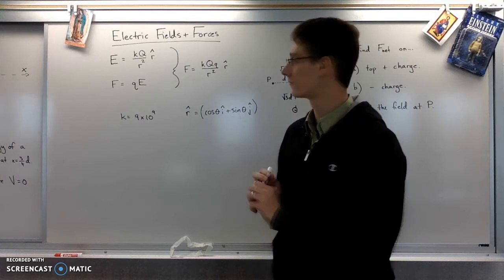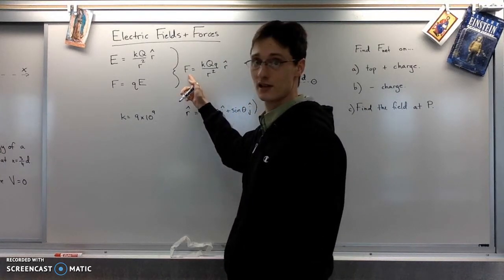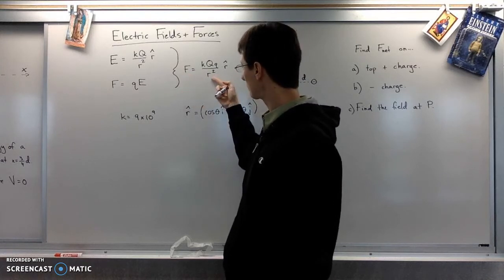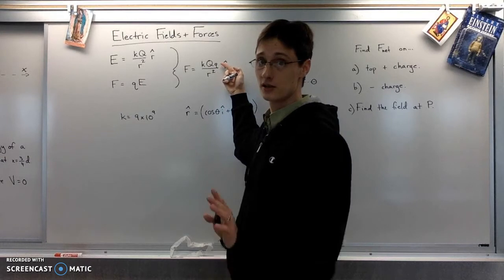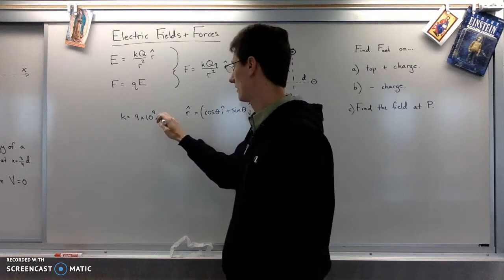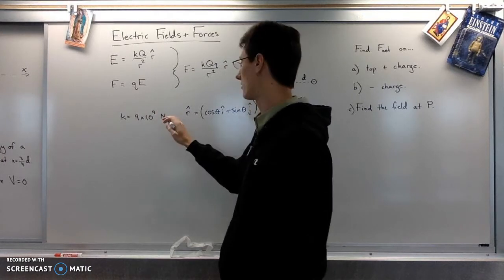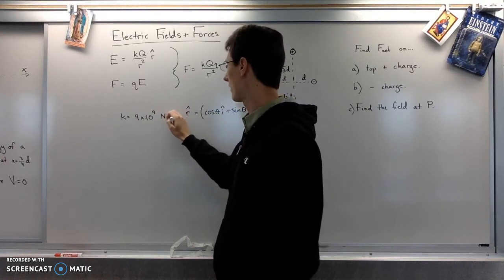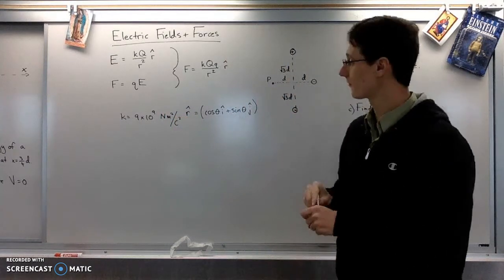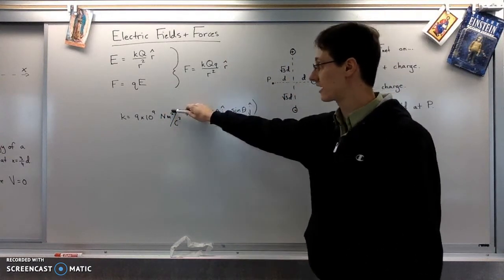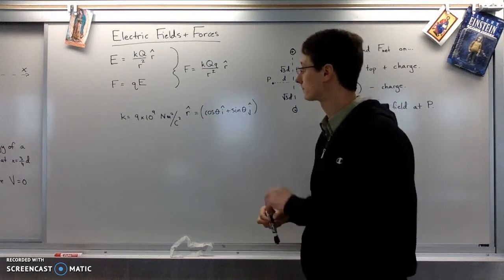But if you did care about what the units were, since force has to come out to newtons, and this is measured in meters, and these are each measured in coulombs, that means that the units for Coulomb's constant are newtons, meters squared per coulomb squared. That way the meters cancel out, the coulombs cancel out, and you're just left with newtons.